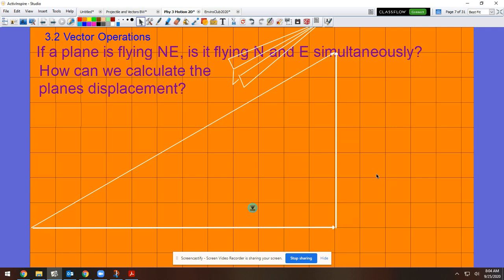But the bigger question is, if we know how far to the east and how far to the north, can we figure out how far to the northeast? And not only how far, but this could also be velocity vectors. Its velocity is to the east and its velocity is to the north, therefore it has a combined velocity to the northeast.